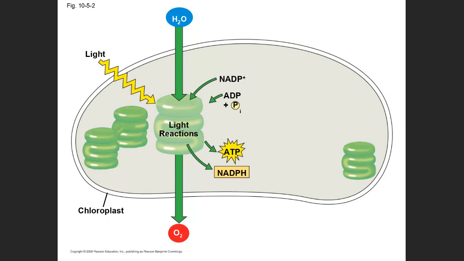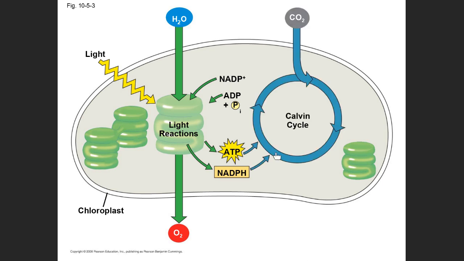As we're going to learn in much detail later, ATP will be produced along with the NADPH. So we've got energy and stored electrons. But here the stored electrons are going to be used to reduce carbon dioxide to make sugar. So the ATP and NADPH are used in the Calvin cycle in order to make sugar.